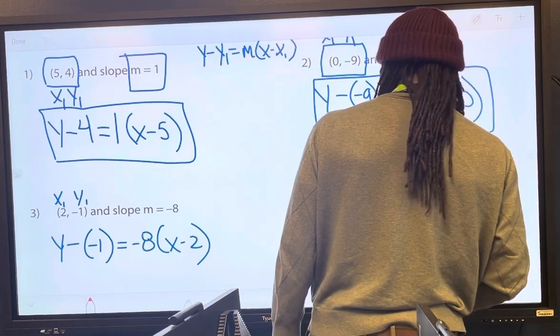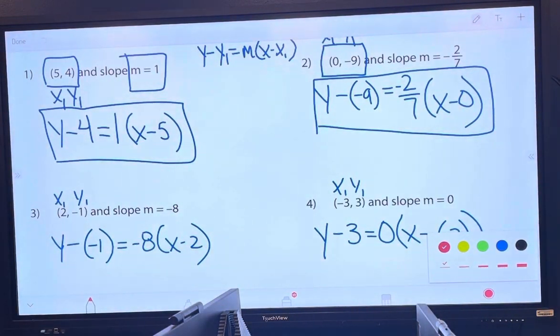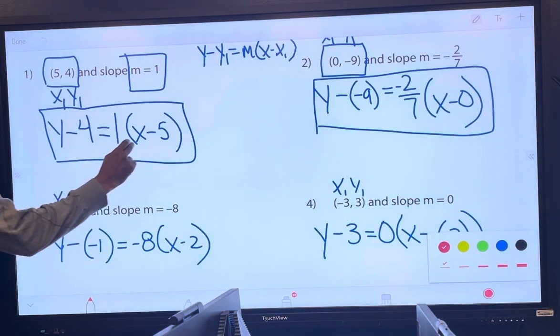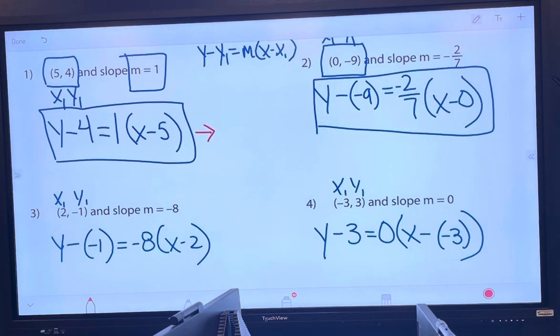Now, remember I told you to save space, right? Did y'all save space? So, the first exercise, we put it in point slope form. Now, we're going to convert each question from point slope back to slope intercept form.